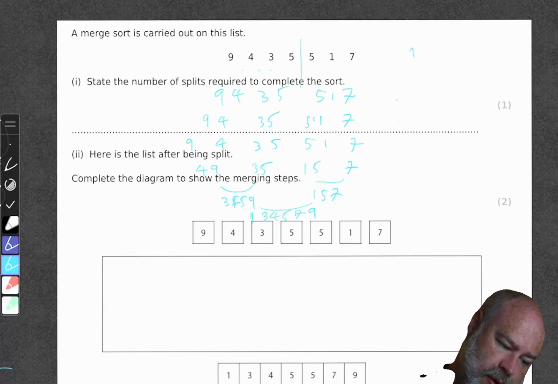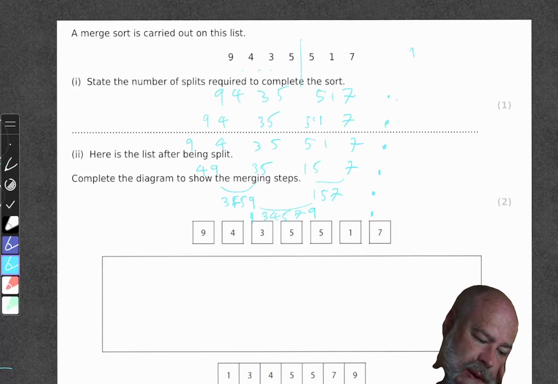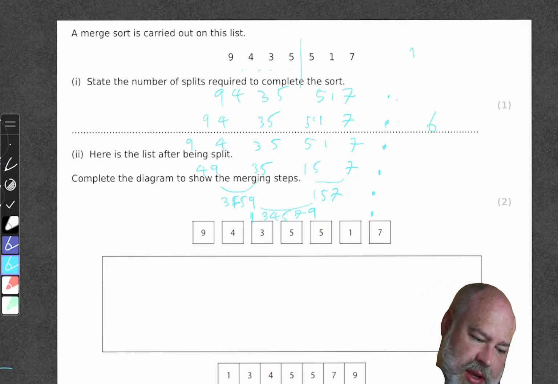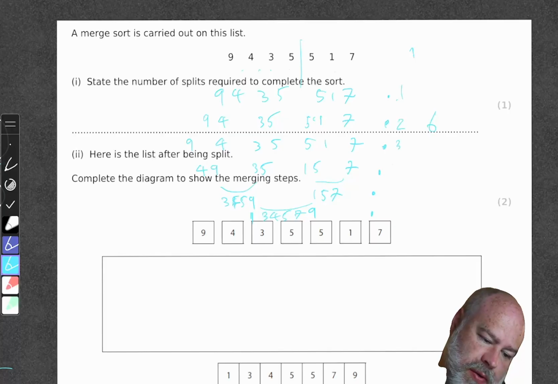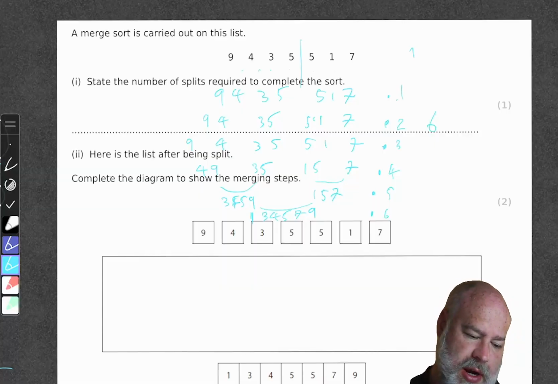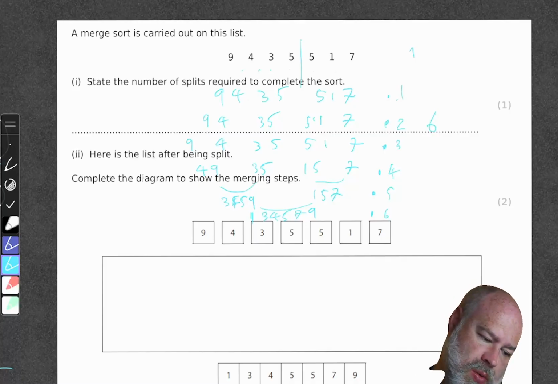Okay, so 1, 2, 3, 4, 5. I'm going to say it's a little bit ambiguous here, but I think they're looking for 6. I think that's what they're looking for, even though you're technically not splitting that up.